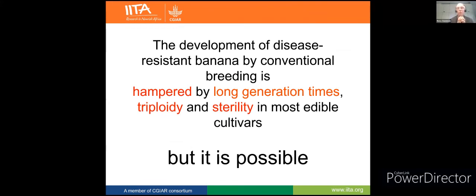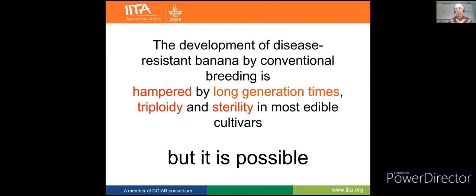And to conclude, I want to say the following. It has been said for such a long time, banana breeding is hampered by long generation times. You need 2 cycles before you have data. By triploidy and sterility, that's why you are not moving fast. I can tell you from the collaboration we are having with national programs in West Africa and in Uganda and in East Africa, especially NARO, that we have a lot of hybrids.